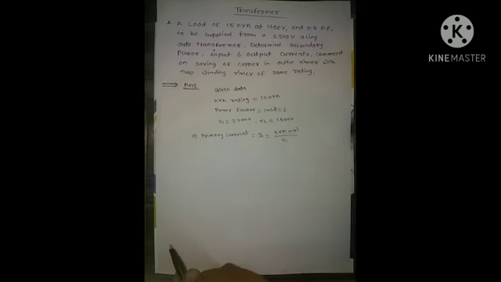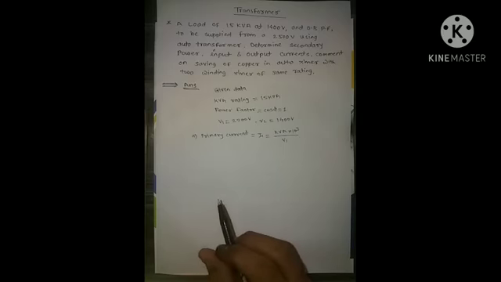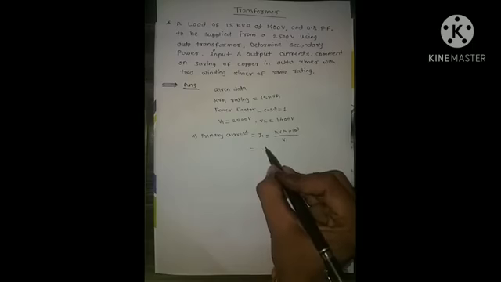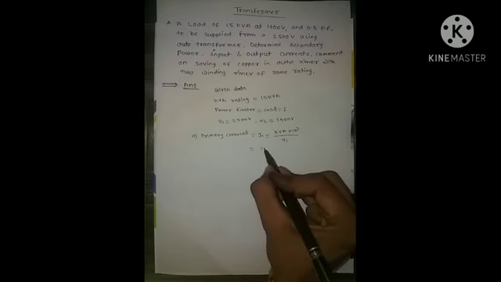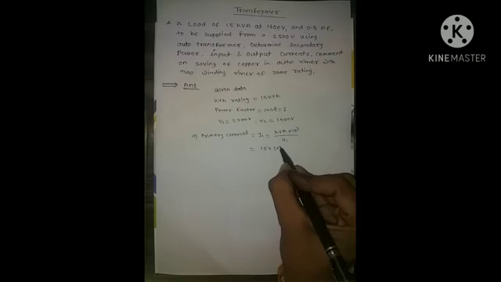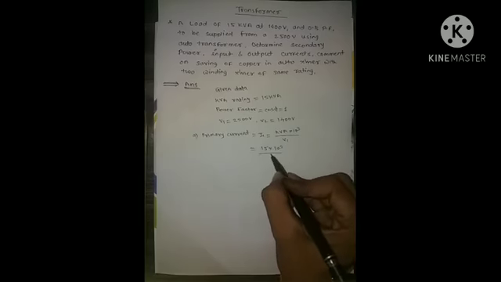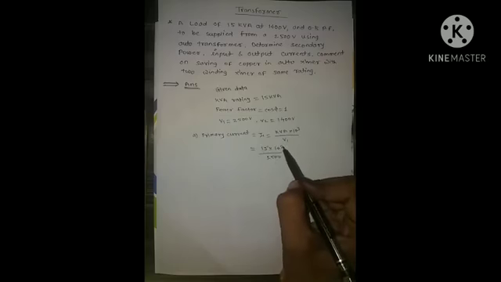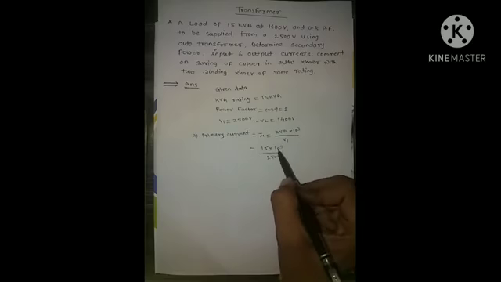By putting all the values, kVA is 15 into 10 raised to 3 upon V1, which is 2500.